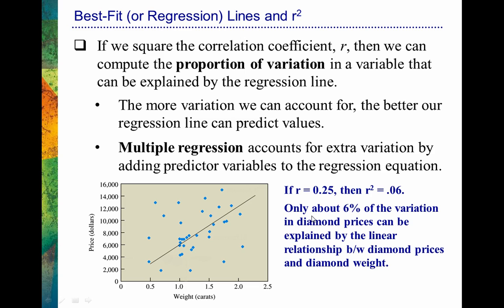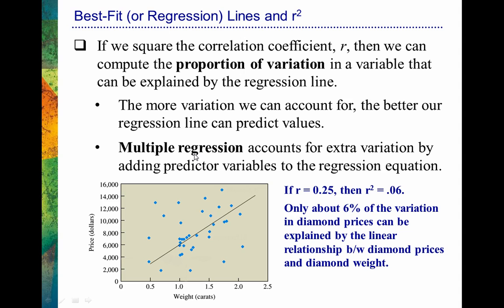So in this case, only about 6% of the variation in diamond prices can be explained by the relationship between diamond prices and weight. So only about 6% of the variability in those diamond prices can be explained by the weight of the diamond. So as the correlation goes down, as that value decreases, the amount of variation that we can explain by this linear relationship decreases. That should make basic sense.